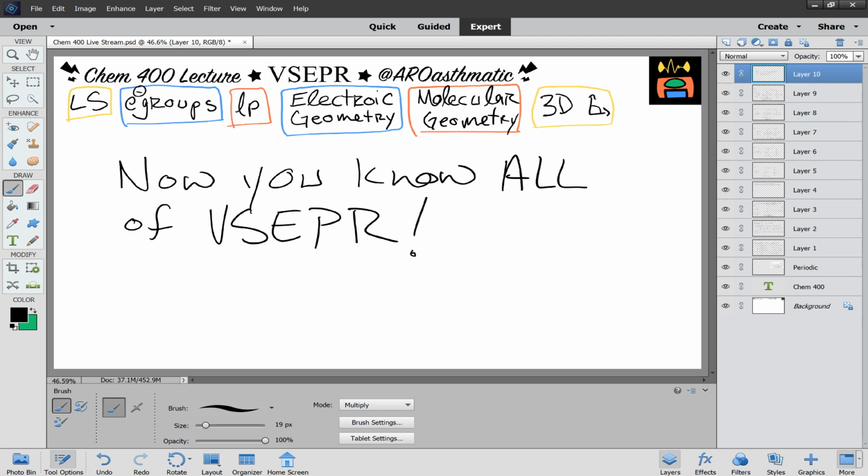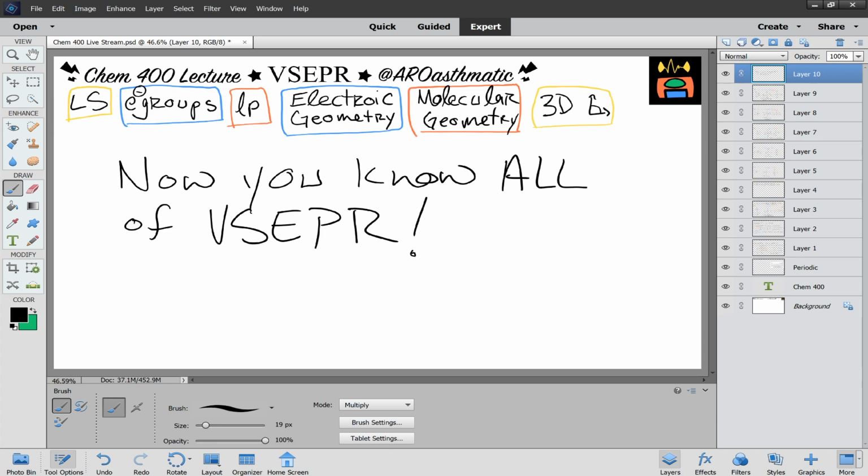This stuff is not particularly hard, but it is challenging for some people. It's a lot of visualization, so drawing the 3-dimensional representations can be challenging for people to learn.